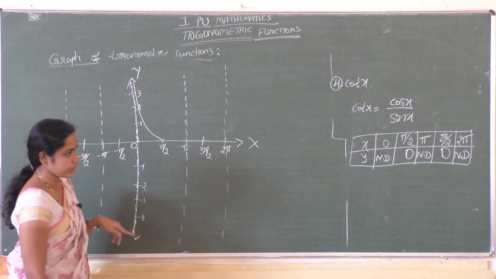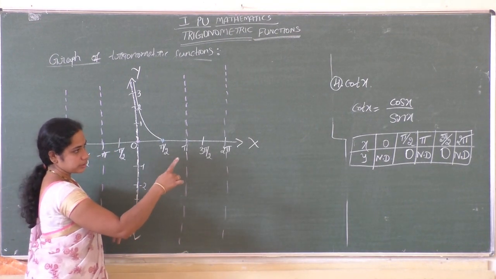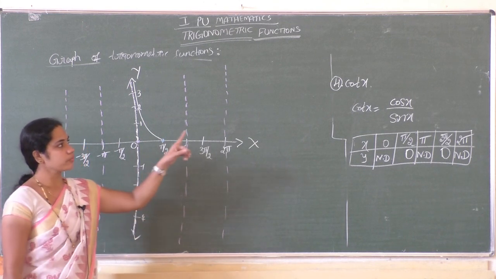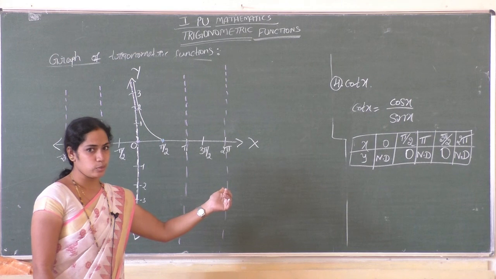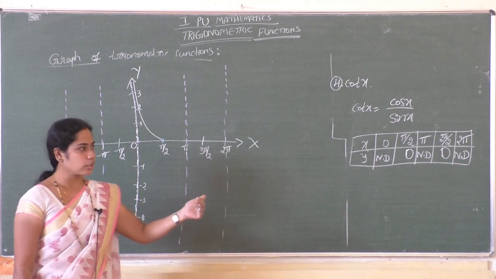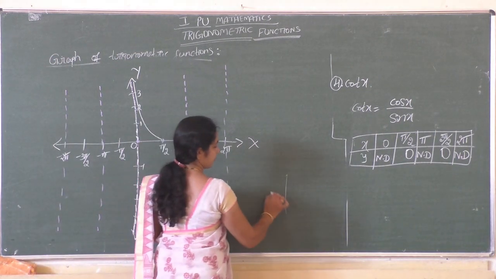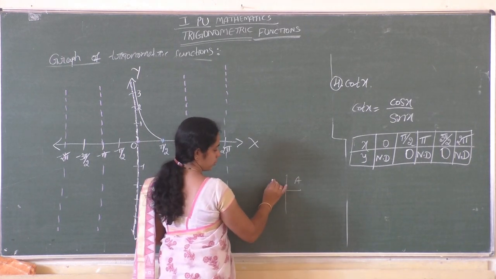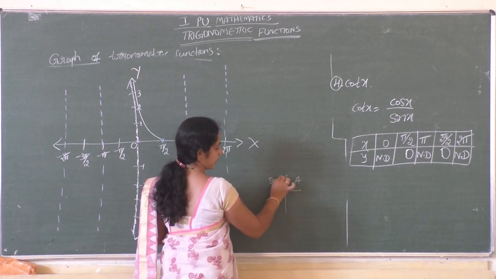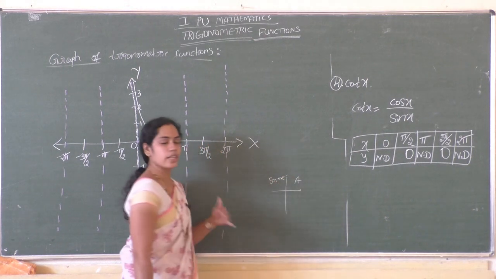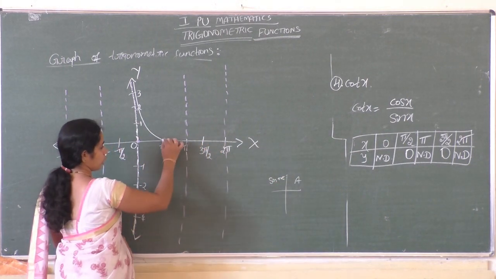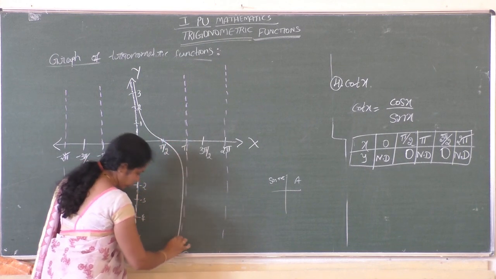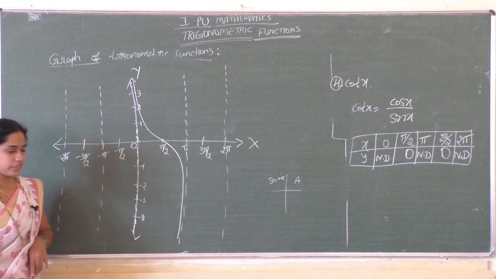In the second quadrant, cot is negative because sin is positive and cos is negative, so cot is negative.